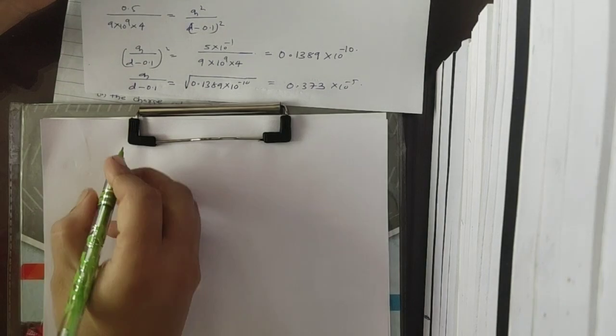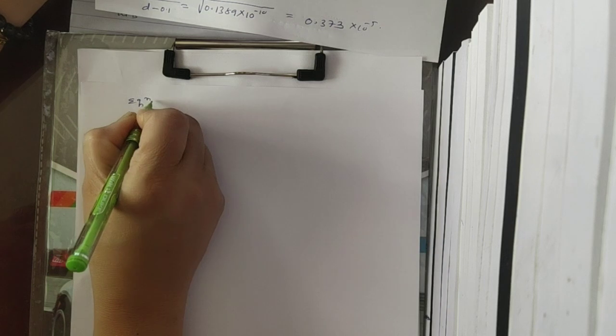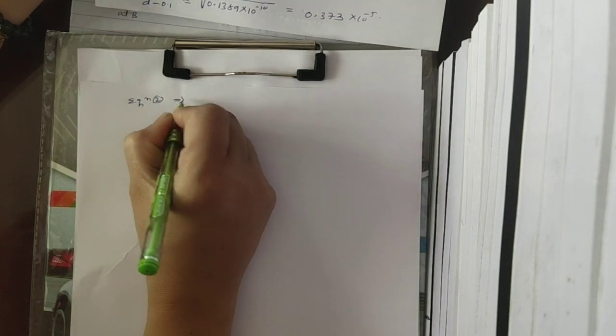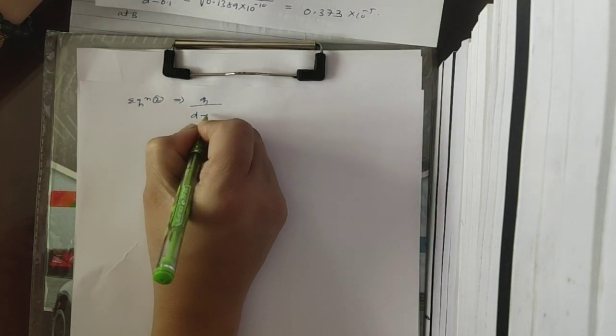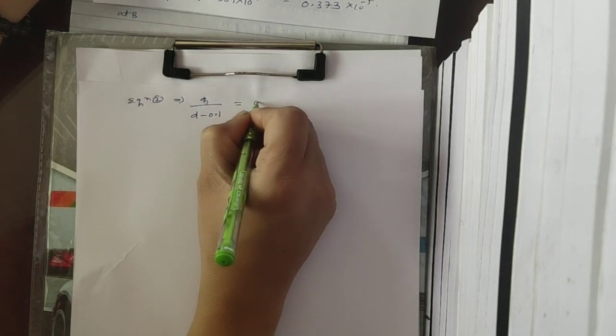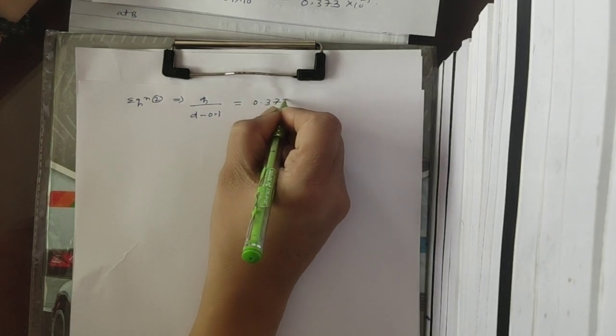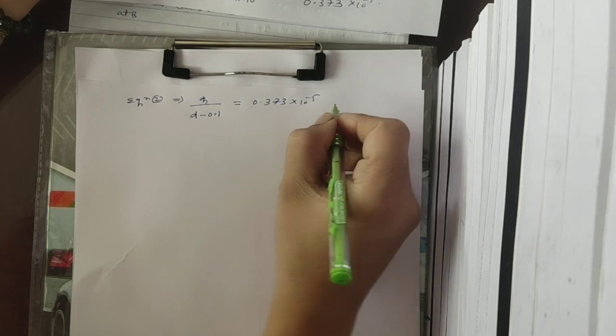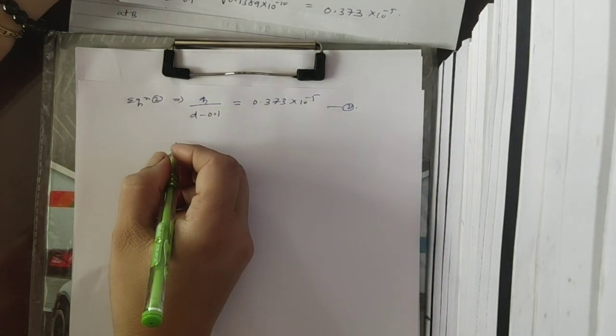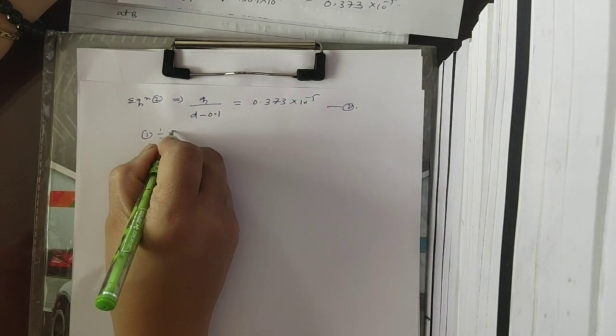Now equation 2: Q divided by D minus 0.1 equals 0.373 into 10 to the power minus 5. This is equation 2.